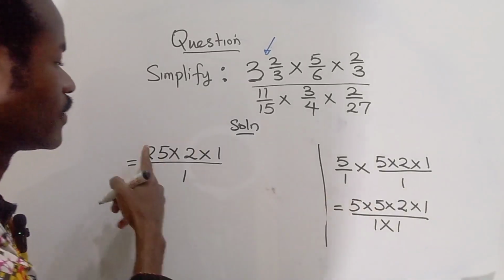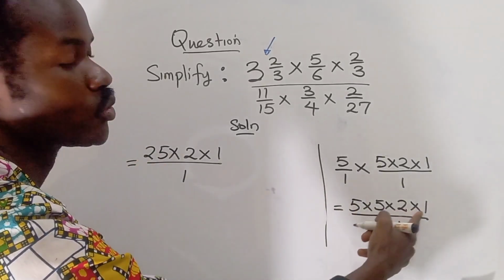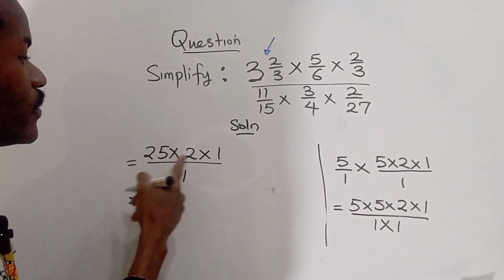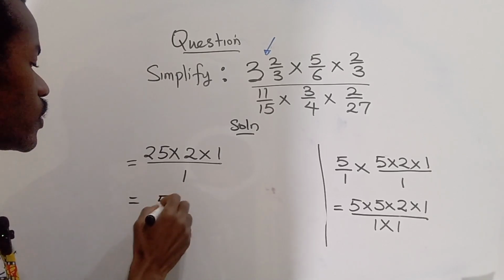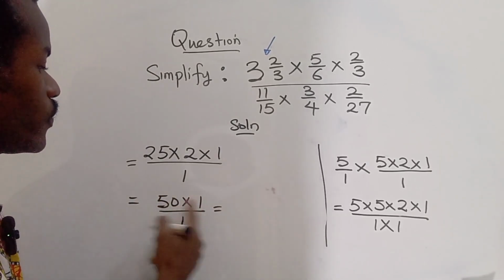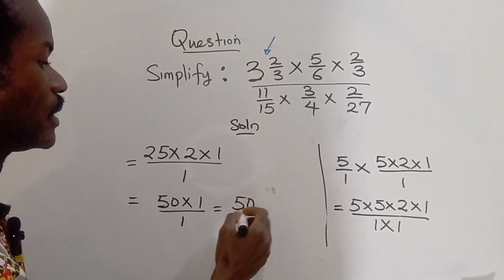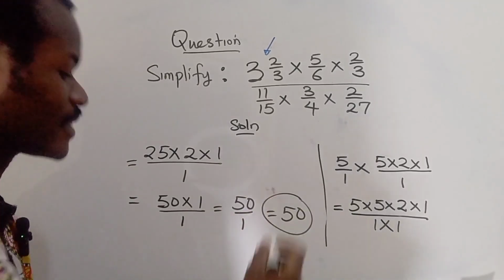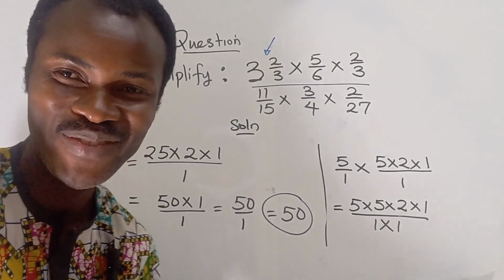So 25 times 2 gives us 50, times 1 divided by 1. 50 times 1 is 50, divided by 1, which is 50. So our answer to this simple problem is 50.